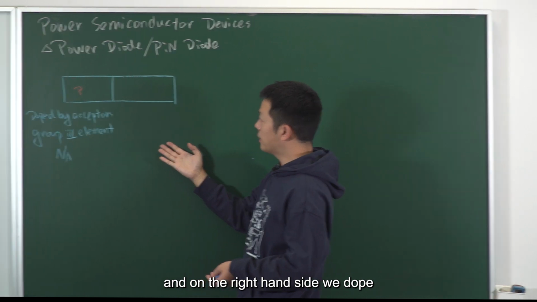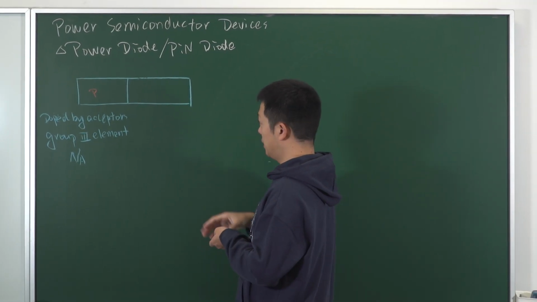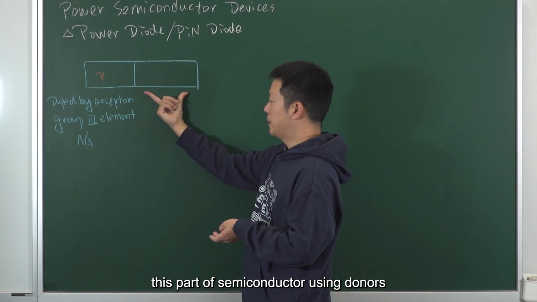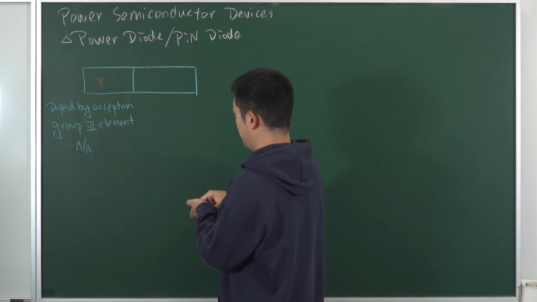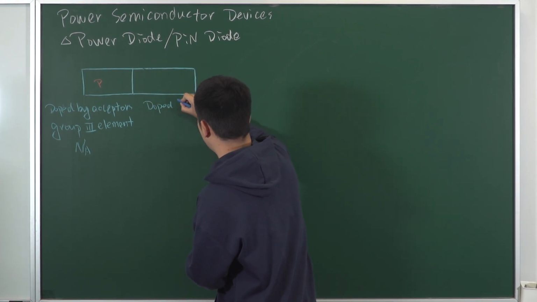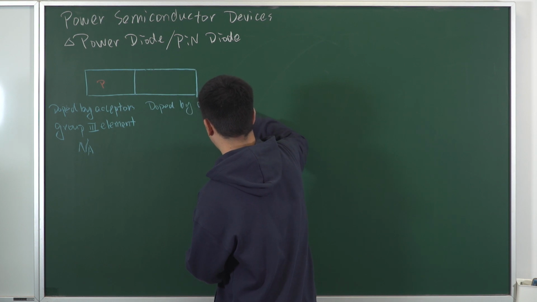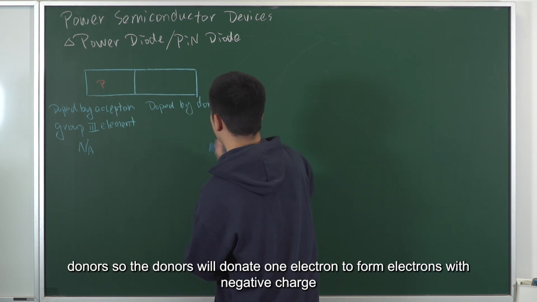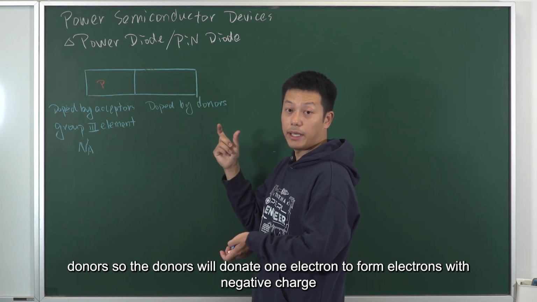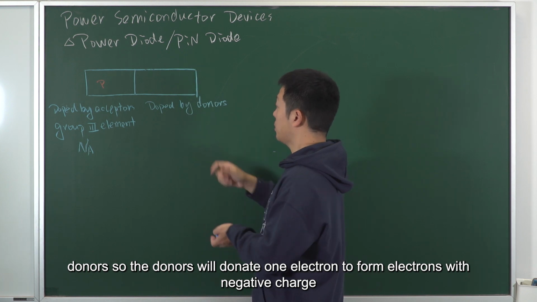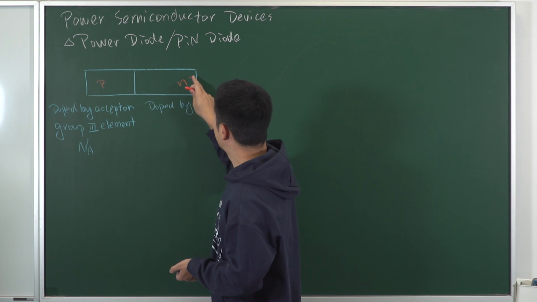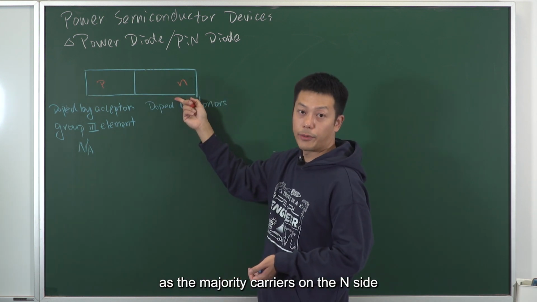And on the right-hand side, we dope this part of the semiconductor using donors. The donors will donate one electron to form electrons with negative charge as the majority carriers on the N side.